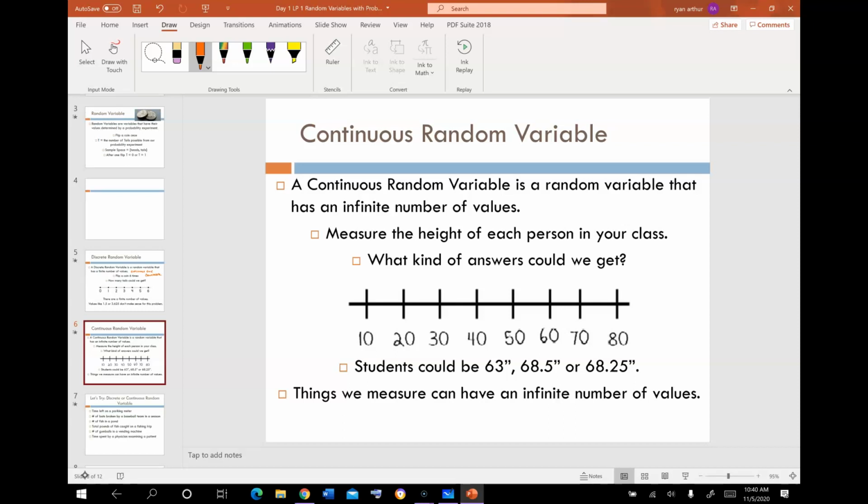If you really think about it, there are so many numbers between the whole numbers of 1 and 2. Because you could say 1.9, 1.99, 1.999, 1.9999. I can keep going. There are so many numbers between each whole number that it is continuous and you cannot count how many numbers are between those two numbers, okay?